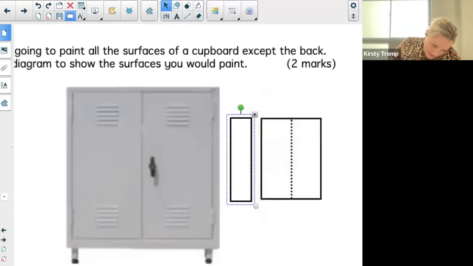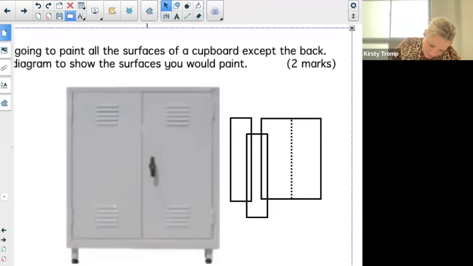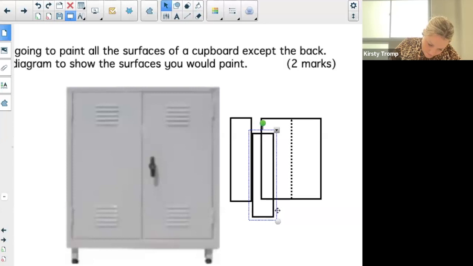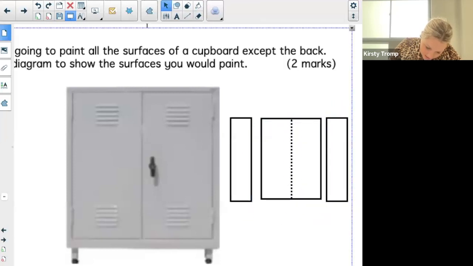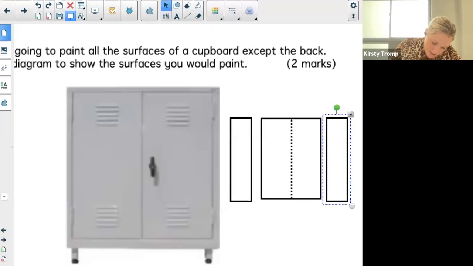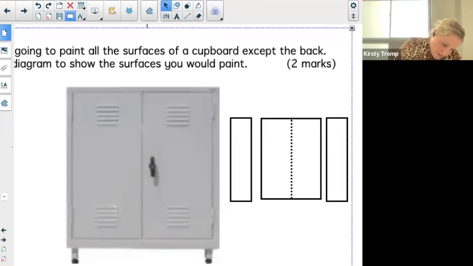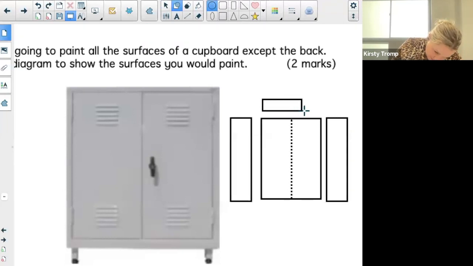I want to paint the other side of the cupboard. So there is the other side. All right. I also want to paint the top of the cupboard.